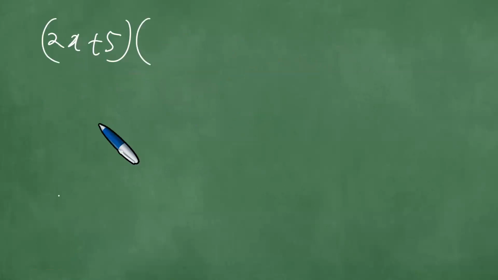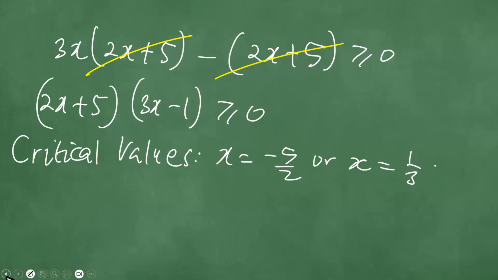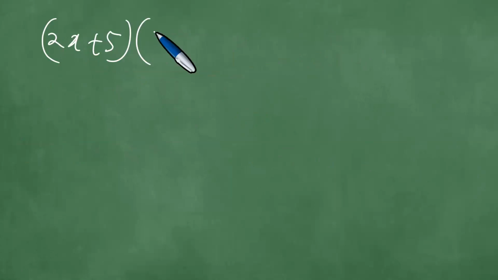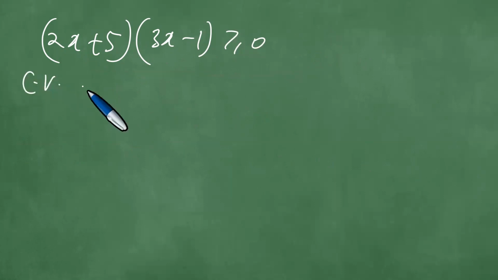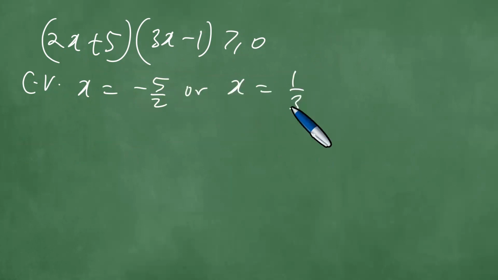So 2x plus 5 into 3x minus 1 gives the critical values, x equals minus 5 over 2 or x equals 1 over 3.